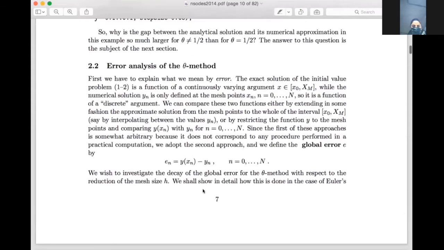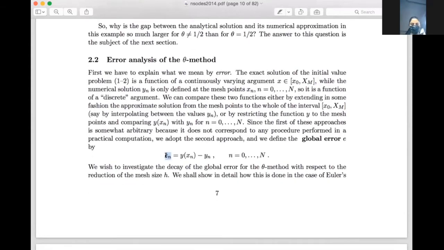So global error, when we define, what is global error? Basically En is equal to y at xn minus yn. This is the exact value, and this is the approximate value.